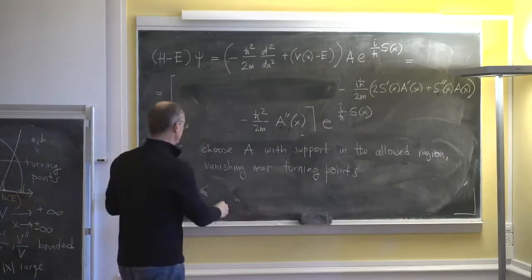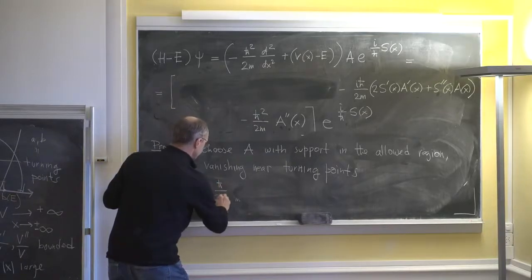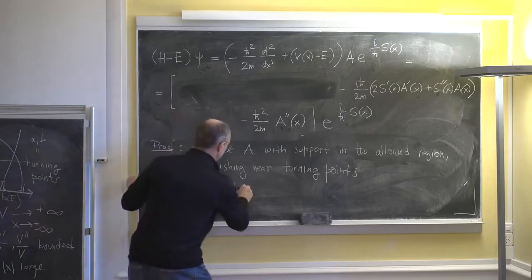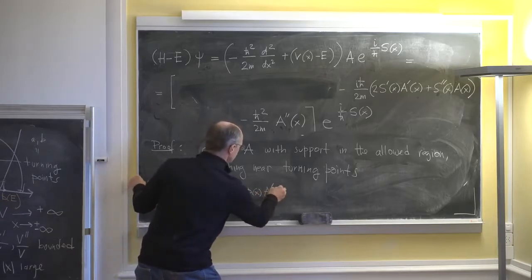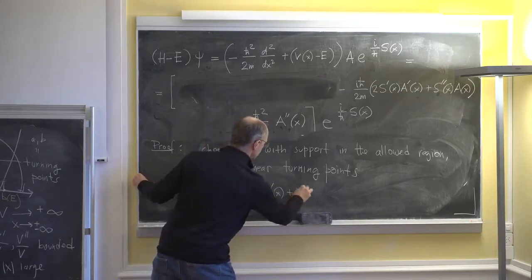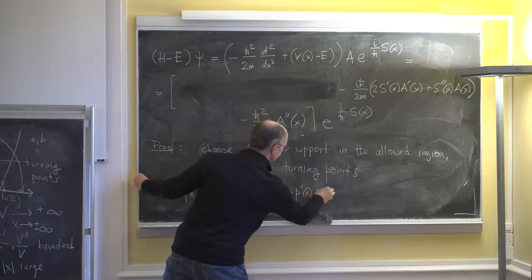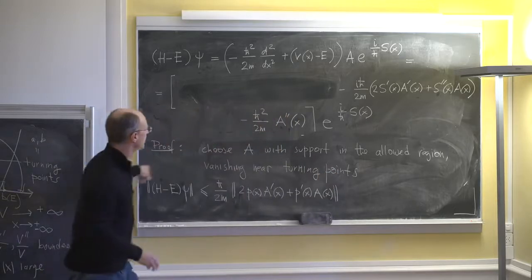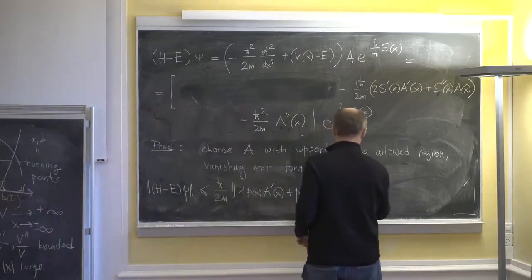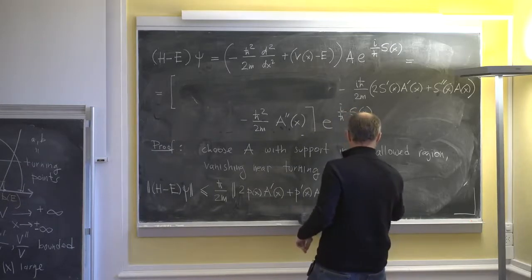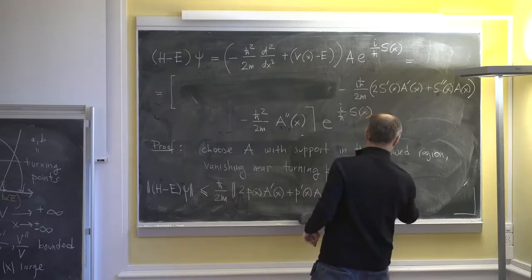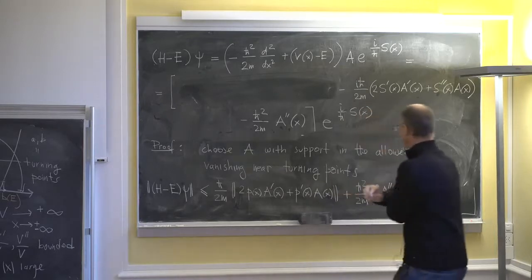So it will be h bar over 2m times the L2 norm of 2 p of x a prime of x plus p prime of x a of x, plus the L2 norm of that guy, h bar squared over 2m, the L2 norm of a double prime of x.